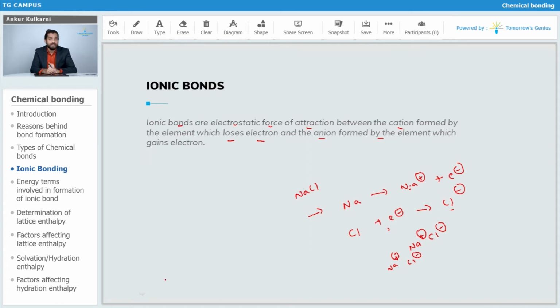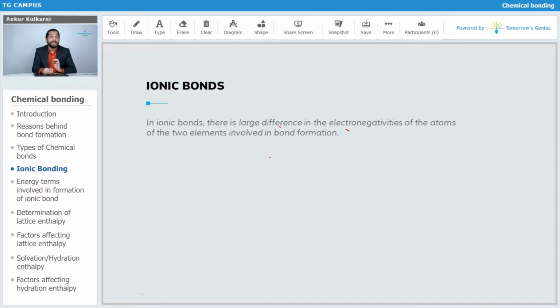Now let's move ahead and understand further. In an ionic bond, there is a large difference in the electronegativity of the atoms of the two elements involved in the bond formation. Why so? Obviously, we are talking about a cation and an anion. One is electropositive and one is electronegative. We have just seen the example of NaCl.